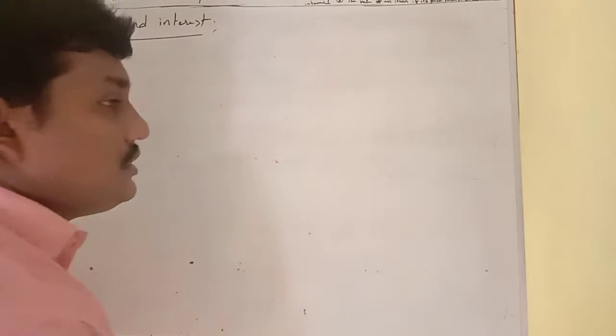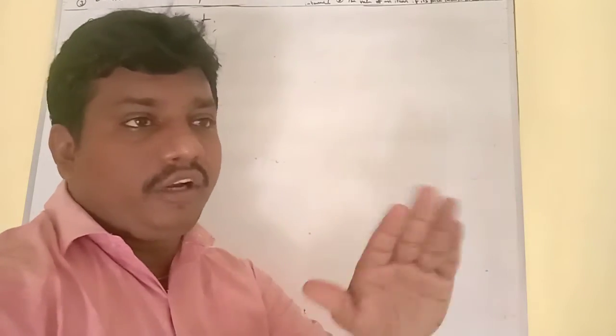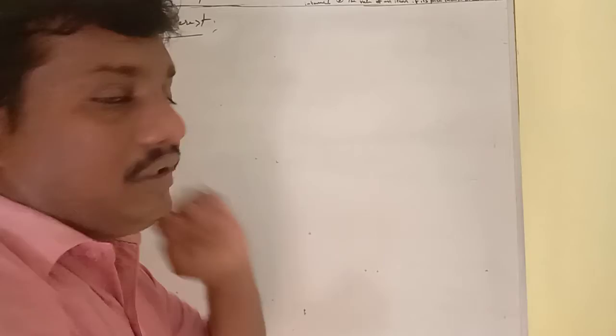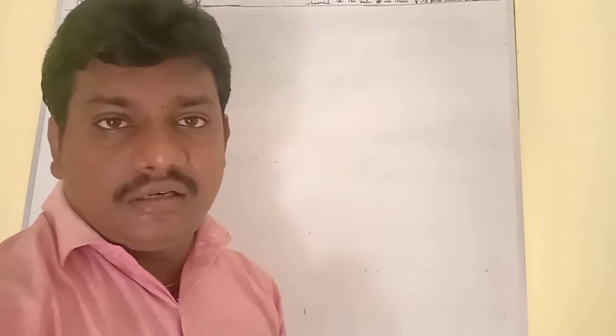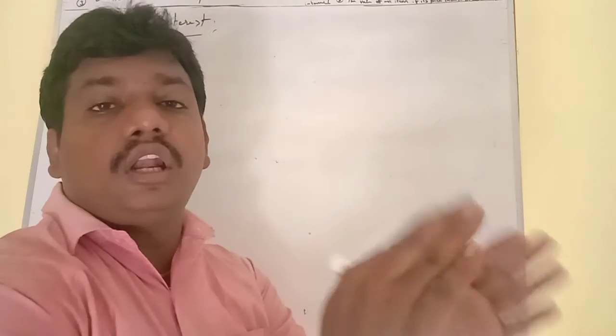Compound interest, for one term, is like a simple interest. Then interest is calculated on the total amount.